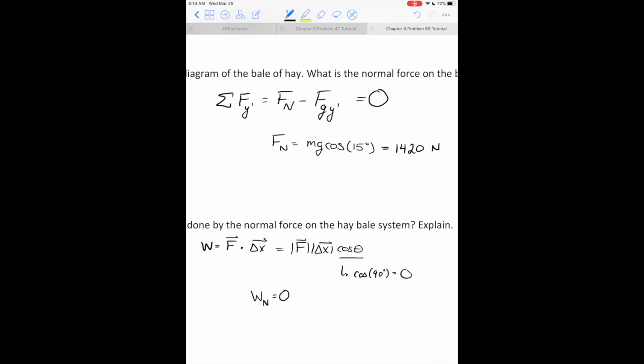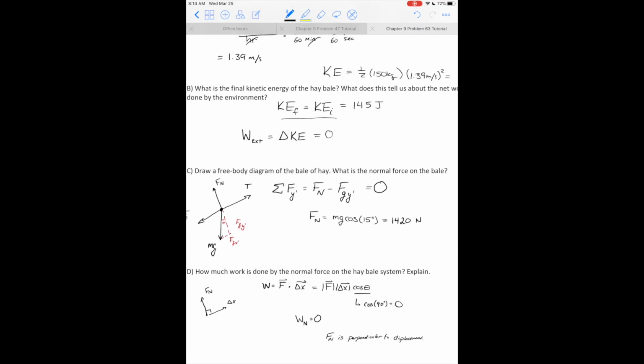Why? Because the normal force is perpendicular to displacement. This is a no work scenario. We need our forces to be at least partially in the direction of our displacement to do any non-zero work.